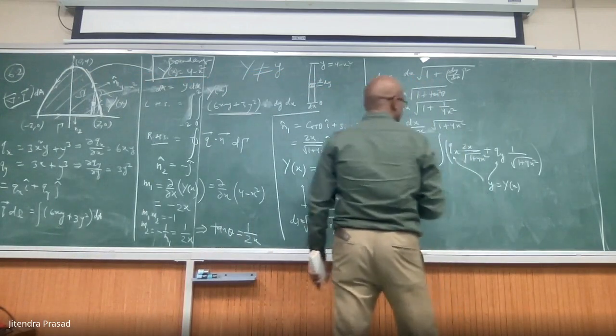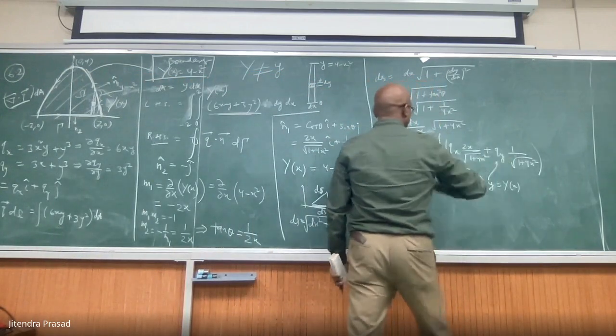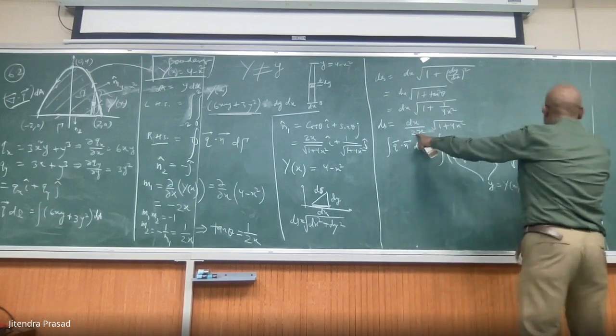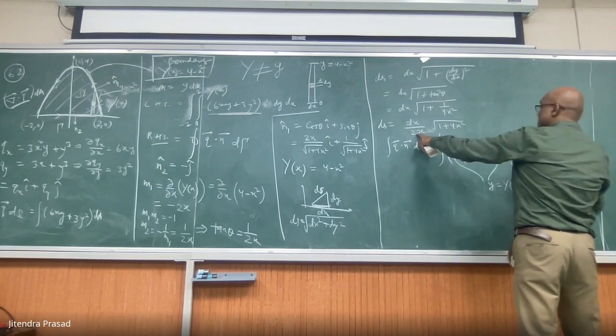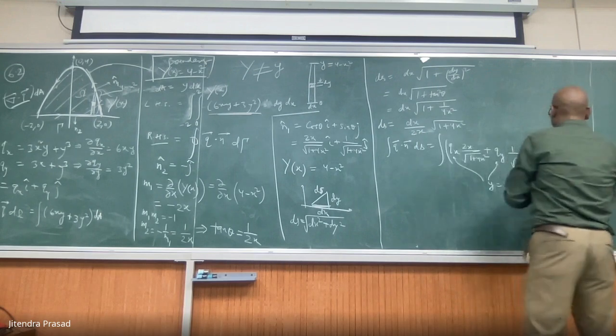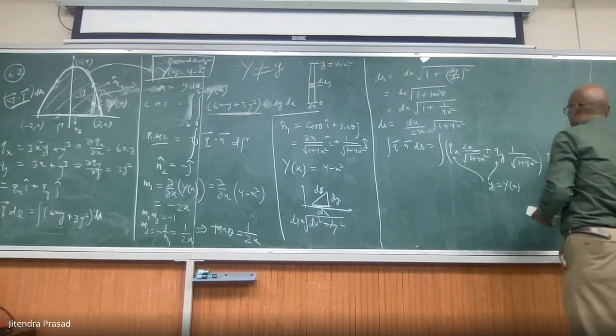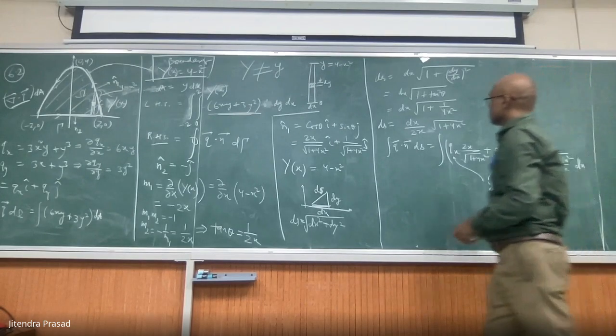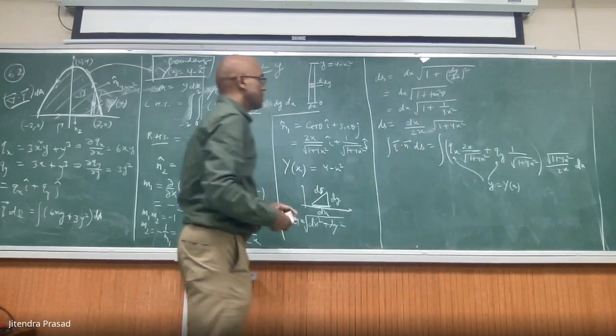Okay. So you can do it here, and then you have ds, which will be dx divided by 2x, 1 plus 4x square over 2x dx. So you do like this now.